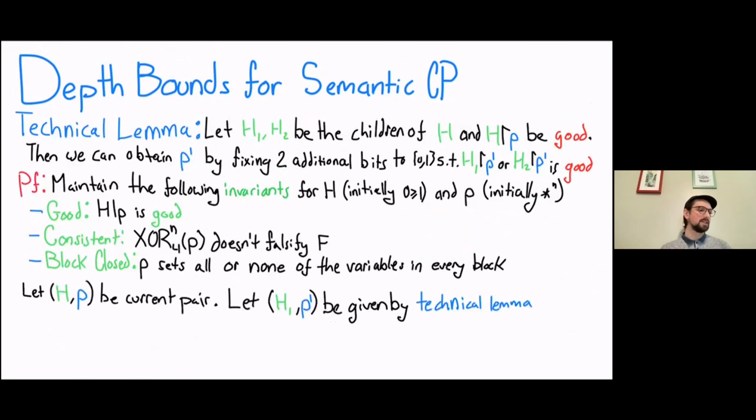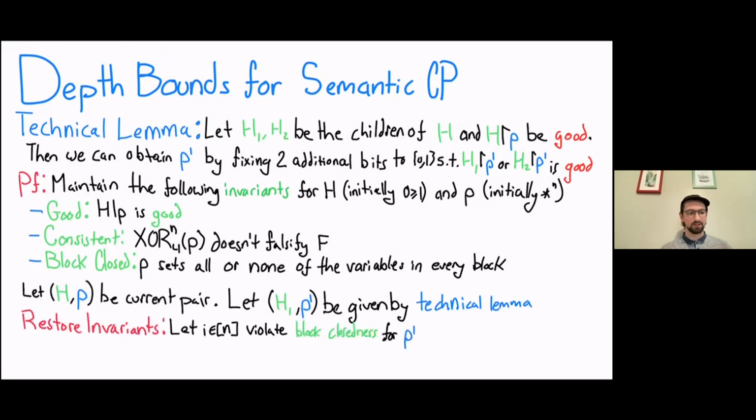Okay, and now we're going to see how to walk from H to one of its children. We're at H and we have a restriction rho. We apply the technical lemma. We get a child, let's say it's H1 of H, and a restriction rho prime, which sets 2 additional bits. And now we want to restore the invariants.